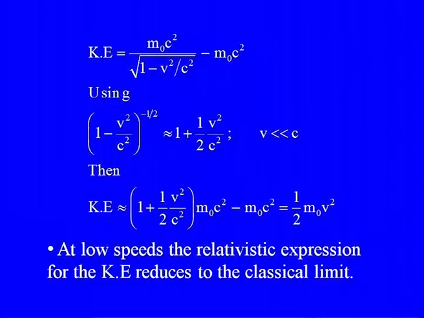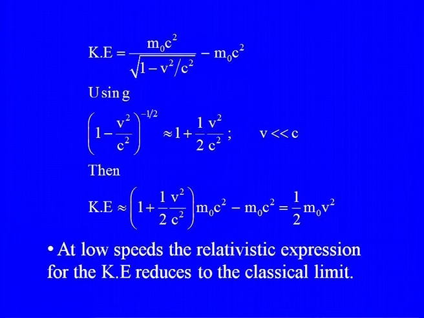Okay, so we know the expression for the kinetic energy. That's the total energy minus the rest mass energy of a body. Now since we know that the velocity we are considering here is much less than the velocity of light, we do an approximation. We do a binomial expansion of 1 minus v square by c square to the power minus half, the denominator of m0 c square divided by root over of 1 minus v square by c square.